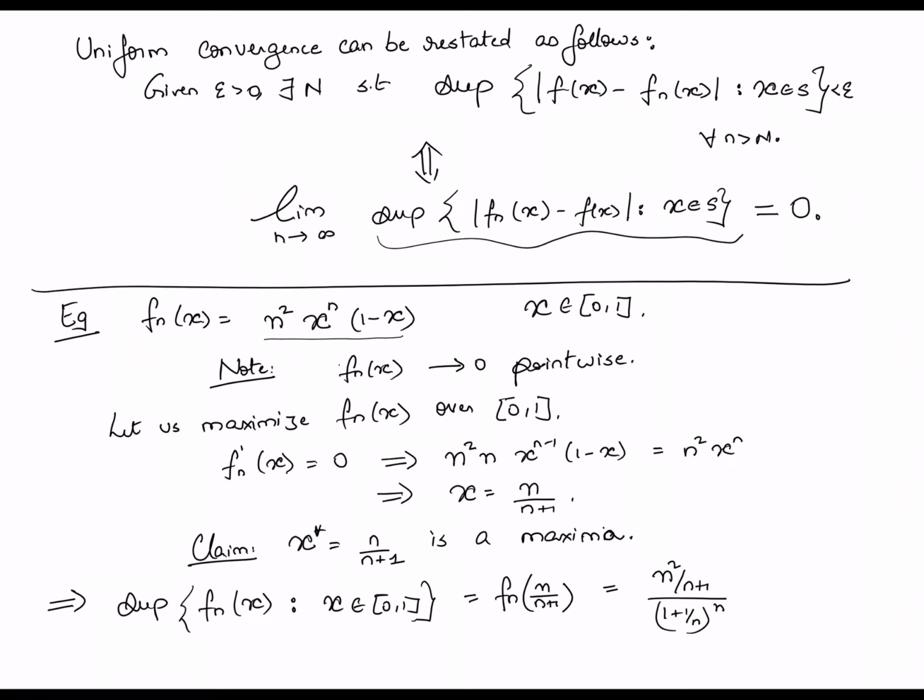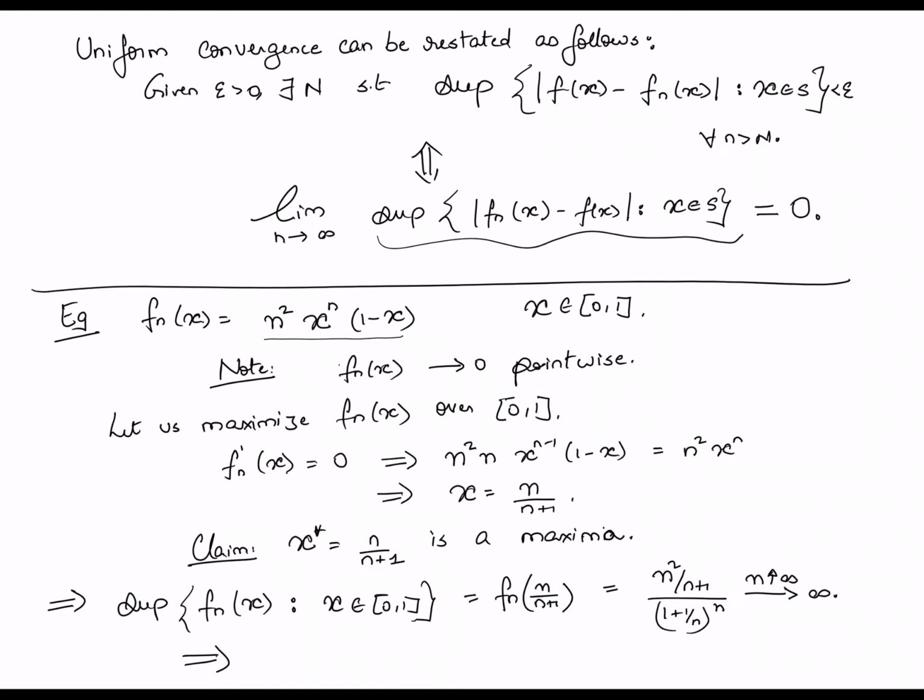Alright, we know that the denominator tends to e and the numerator tends to infinity. So it's easy to see that this in fact will tend to infinity as n tends to infinity. Alright, and so since this sequence does not converge to 0, we know that you don't have uniform convergence.